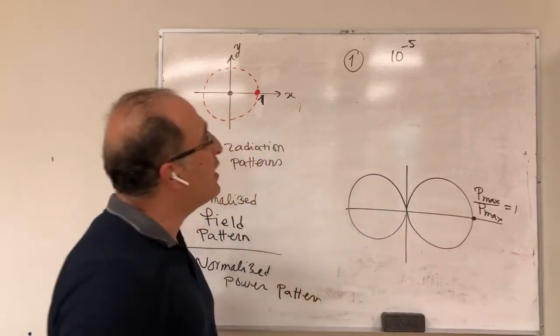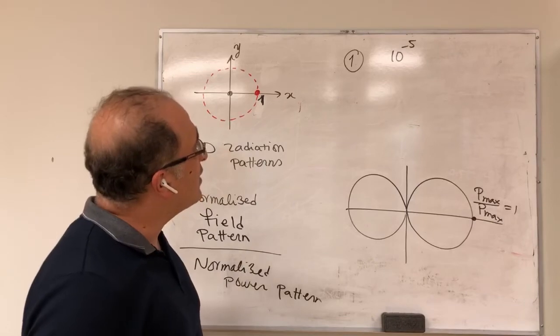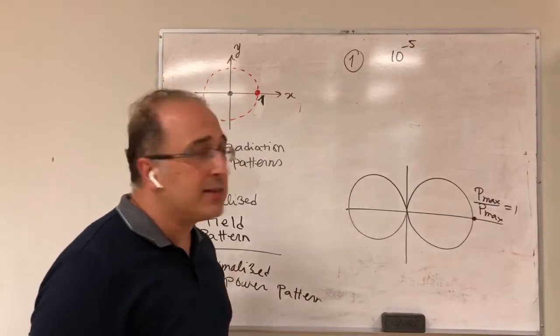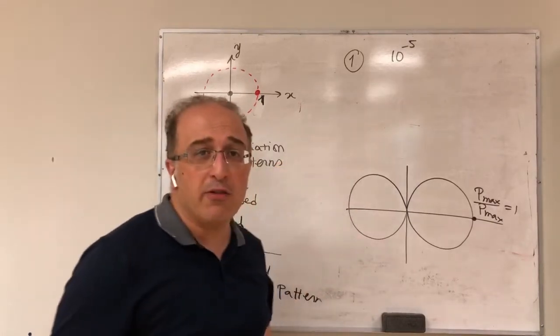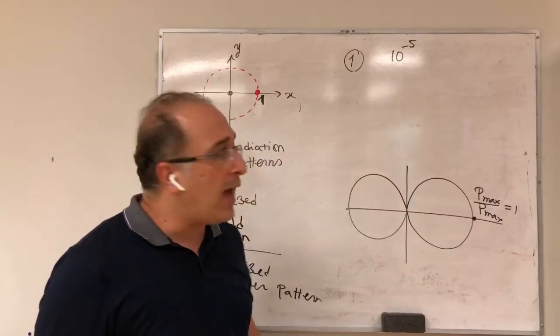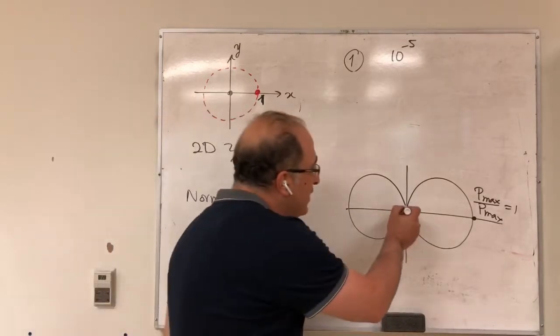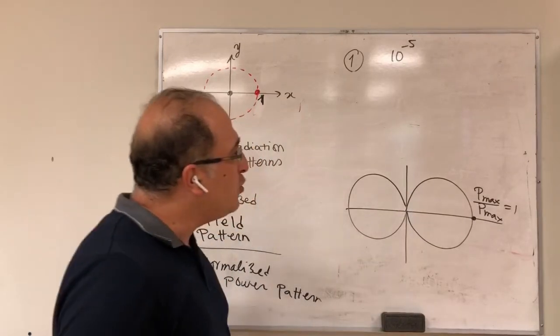I'm talking about power here. If you plot that, you essentially don't see 10 to the power of minus 5, because it's much smaller than 1. So here you only see one null, but in some other cases you might see a few of them.